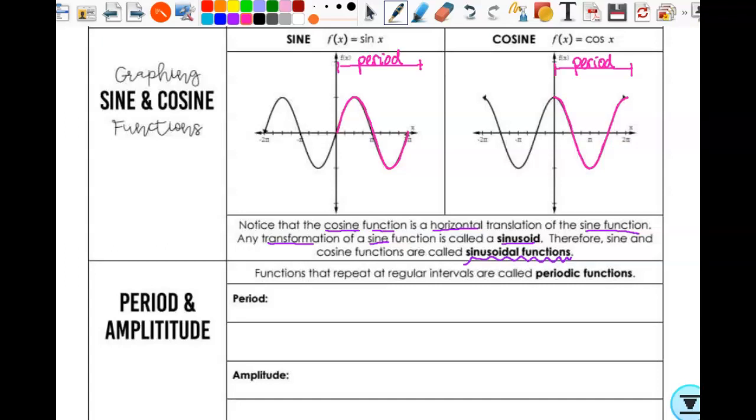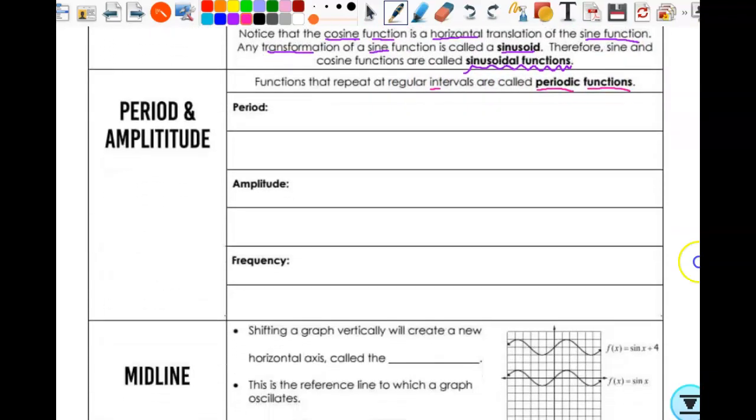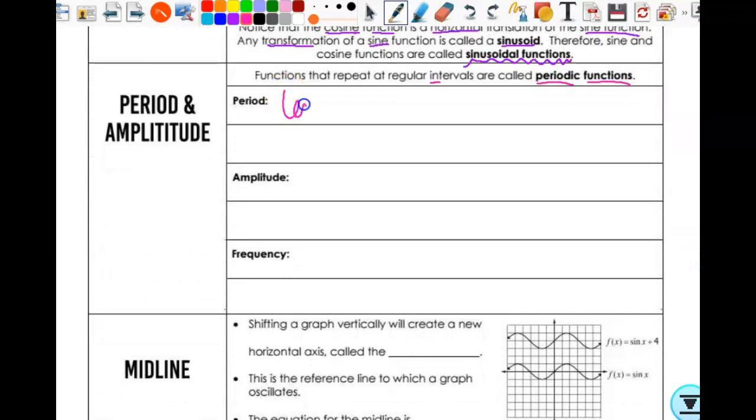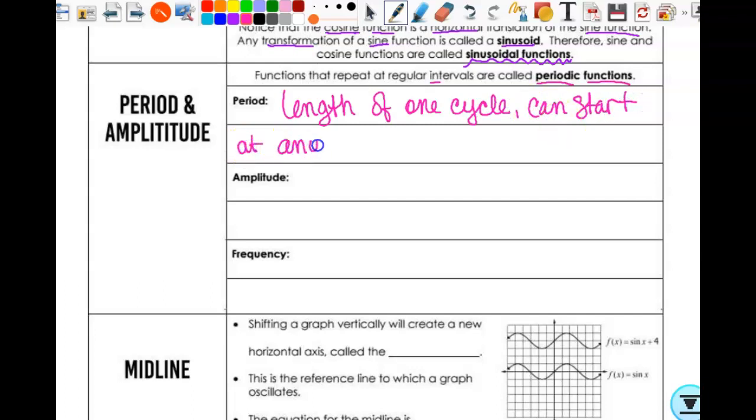Oh, and then it does say functions that repeat at regular intervals are called periodic functions. I didn't realize it said that. So the actual definition of the period is the length of one cycle and it can start at any point on the graph.